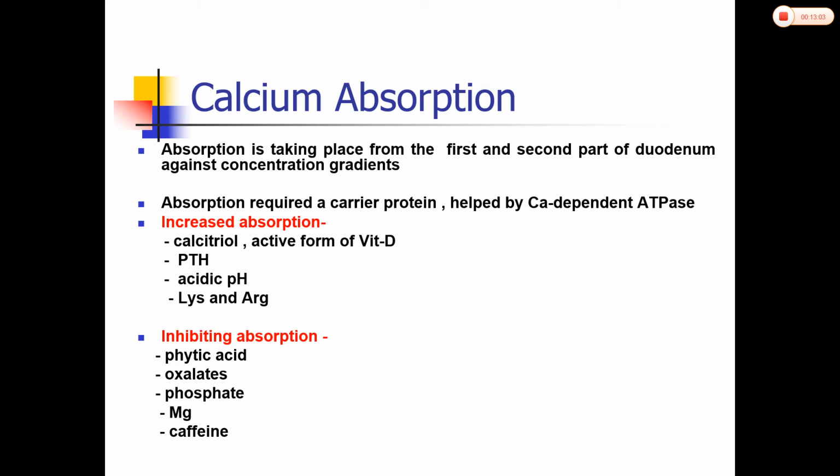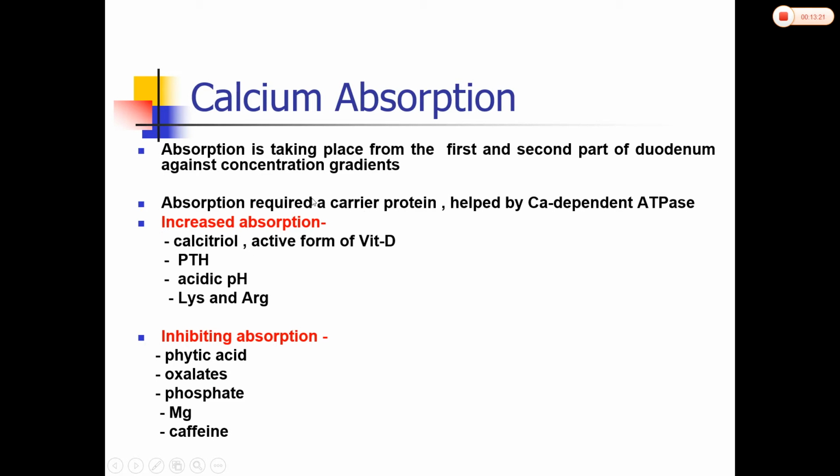So the absorption takes place majorly in the duodenum part, against the concentration gradient, and the absorption requires the carrier protein, which is the calcium-dependent ATPase.